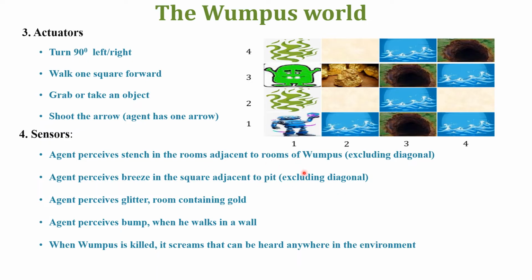In both these cases, we have to exclude the diagonal. If the room contains gold, the agent will perceive glitter. When there is a wall, the agent will perceive a bump. If the Wumpus is killed, it screams so that you can hear it anywhere in the environment.